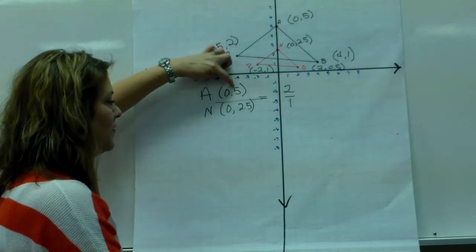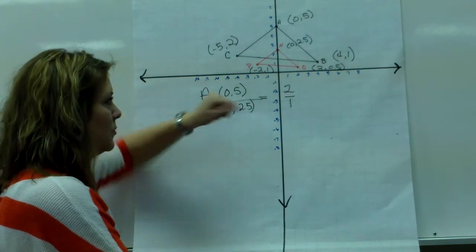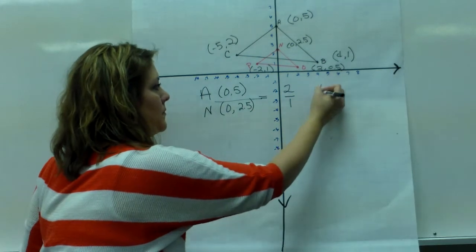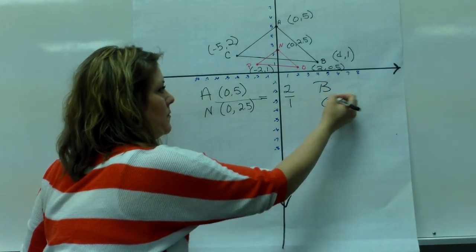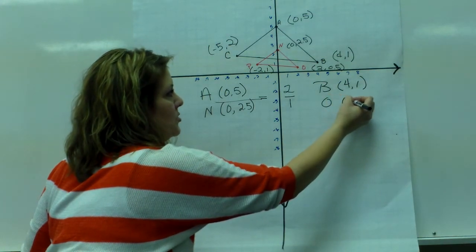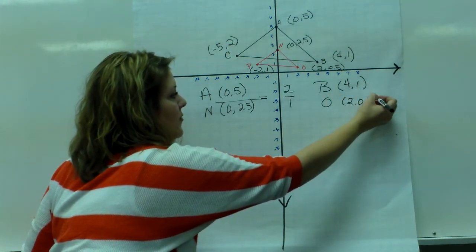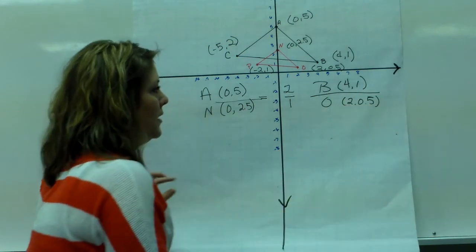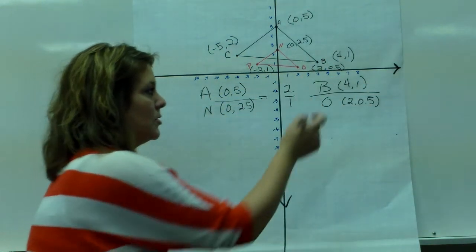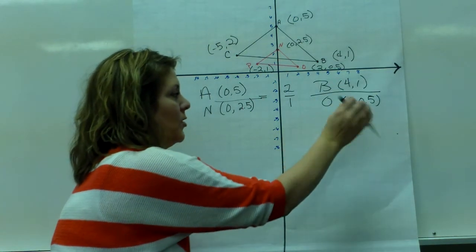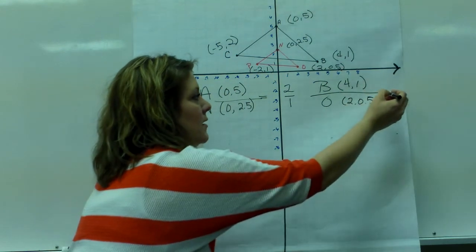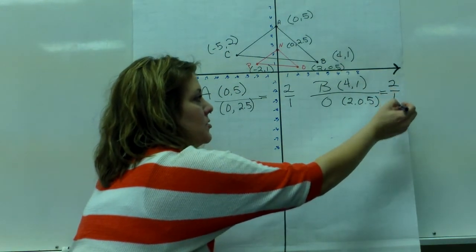Because if we take 5 and divide it by 2, we get 2.5. Let's take the B and the O. B is at (4, 1). O is at (2, 0.5). Okay, let's look at our x's. 4 over 2 equals 2 over 1. And 1 over a half equals 2 over 1. So again, this is a 2:1 ratio.